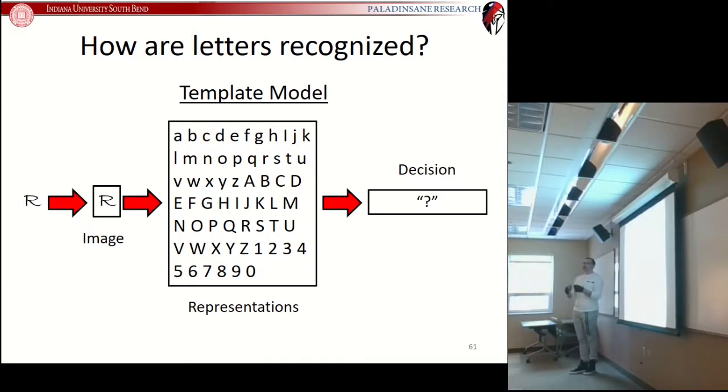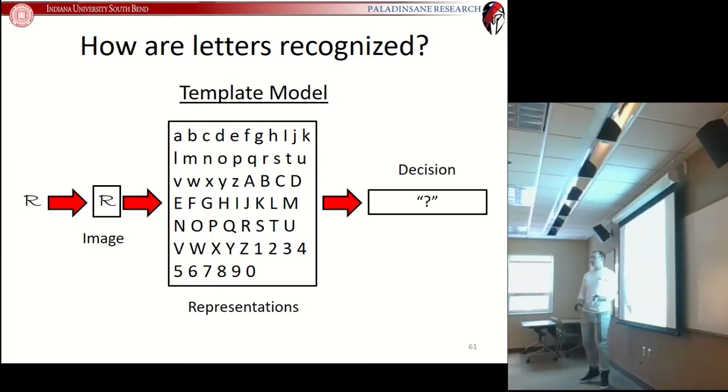So if our abilities did not include recognizing this as R, that would suggest that the template model is actually how we represent our letters. However, because we can recognize this font, but the template model says that we shouldn't be able to recognize this font, that's evidence that this is not the representation that we use in our minds.